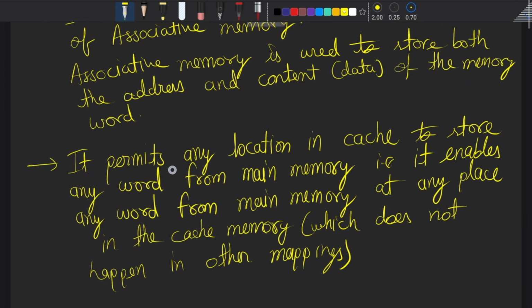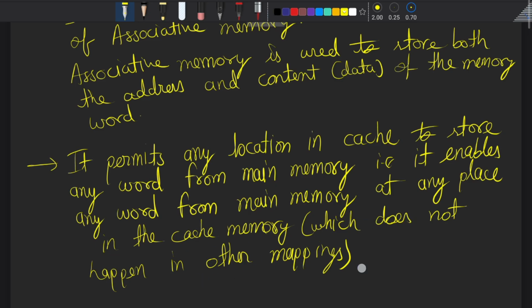It permits any location in cache to store any word from main memory. That is, it enables any word from main memory at any place in the cache memory, which does not happen in other mappings.